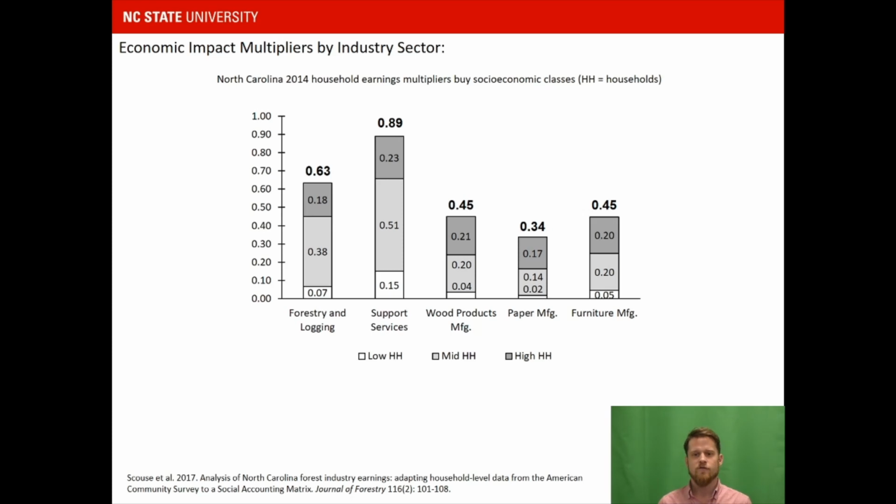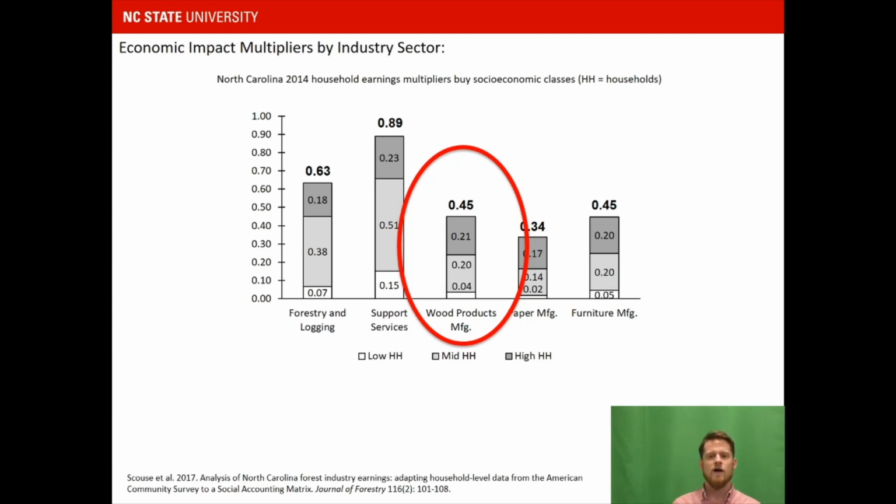Okay, I want to further dive into the differences between different industries in creating economic impacts. So what I'm showing here is a table of multipliers. We'll talk about wood products manufacturing specifically. This is a multiplier that represents how much money is created for households based on a dollar spent in that industry.